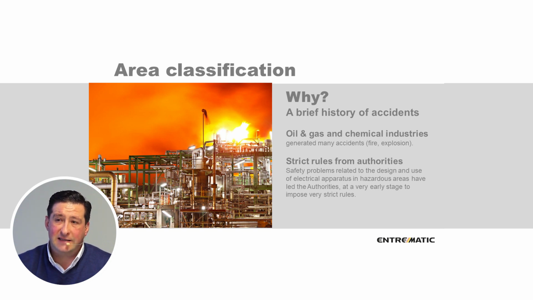Those big incidents had, of course, a lot of casualties, and this is where the government put in place regulations to avoid accidents like that. This is where you have the regulation for the equipment used in ATEX environment.